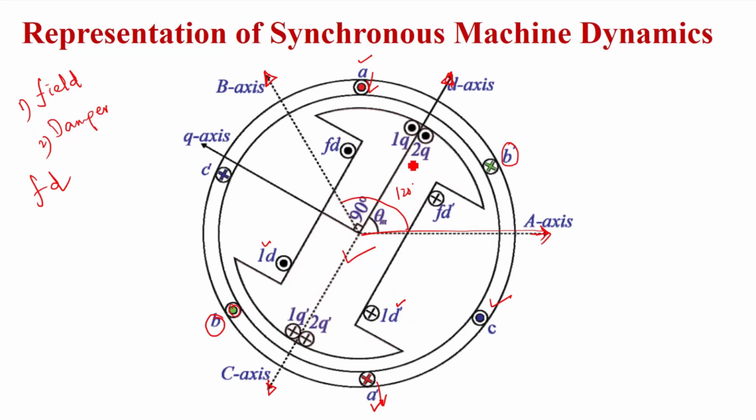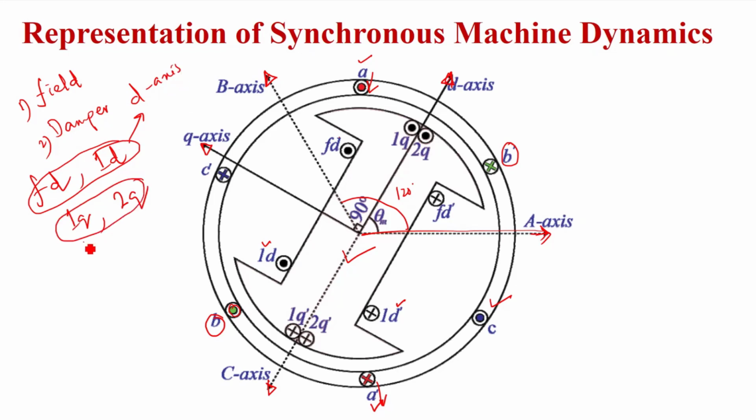Similarly, if we look at the quadrature axis, in the quadrature axis we have two more damper windings, that is 1Q and 2Q. In the D axis, we have FD and 1D, and in the Q axis, we have 1Q and 2Q. So our Q axis will lie here for both 1Q and 2Q. This is your D axis elements, and these are your Q axis elements.